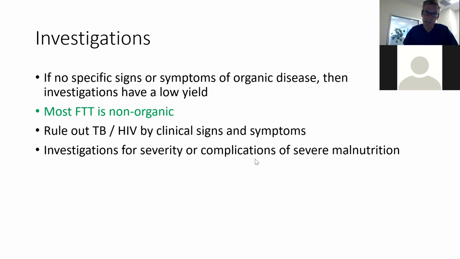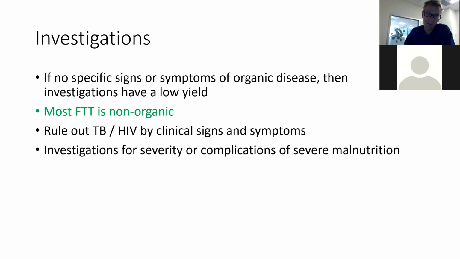But where TB and HIV are very common, then it's important, even if you haven't got signs and symptoms, if you have a child with severe failure to thrive, to rule out TB and HIV. And that can often be done on the basis of clinical signs and symptoms.